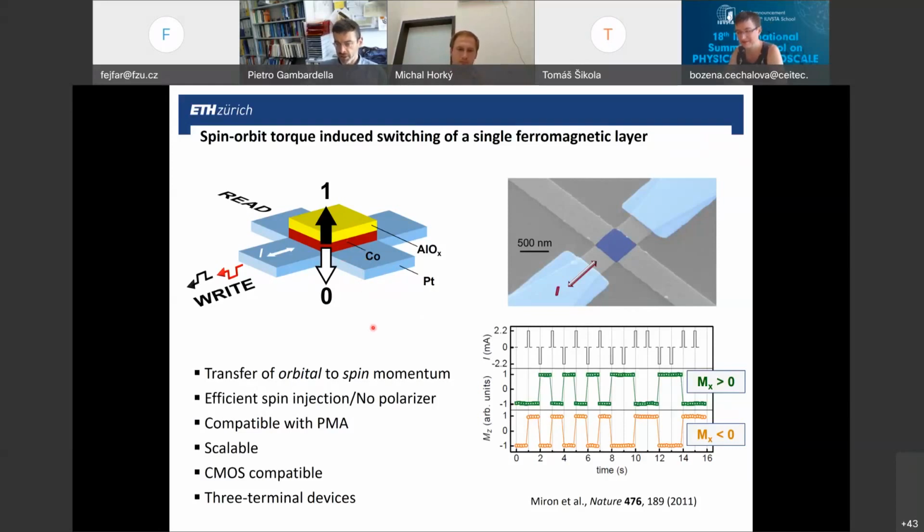Because again, these non-equilibrium spins will be absorbed in the ferromagnet, creating a damping-like torque, and will also exert an effective field, creating a field-like torque in the ferromagnet.